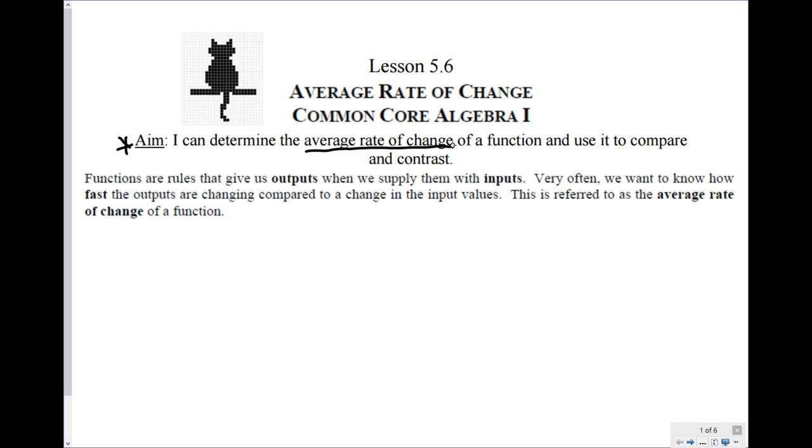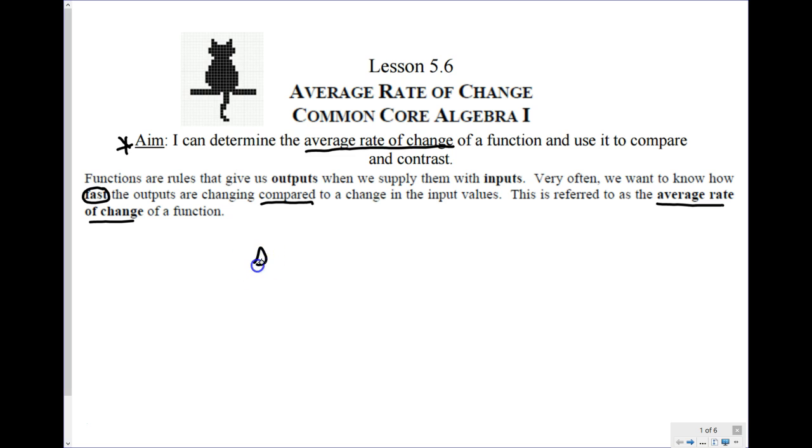Functions are rules that give us outputs when we supply them with inputs. We know that. That's what we've been working on for the last few lessons. Very often we want to know how fast the outputs are changing compared to a change in the input values. This is referred to as the average rate of change. So we're thinking about how the outputs are changing compared to the inputs.